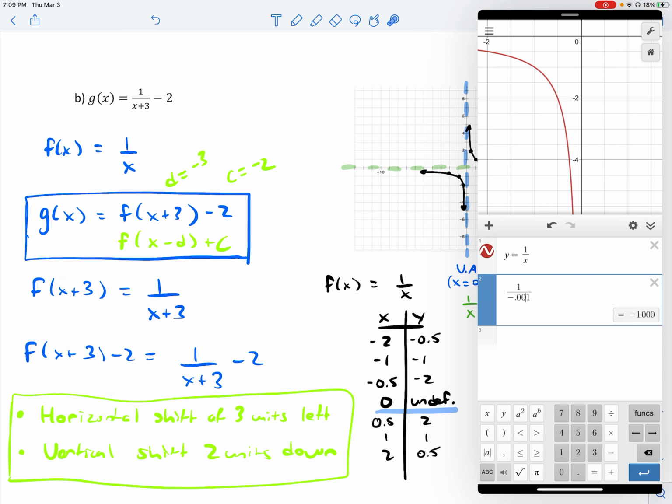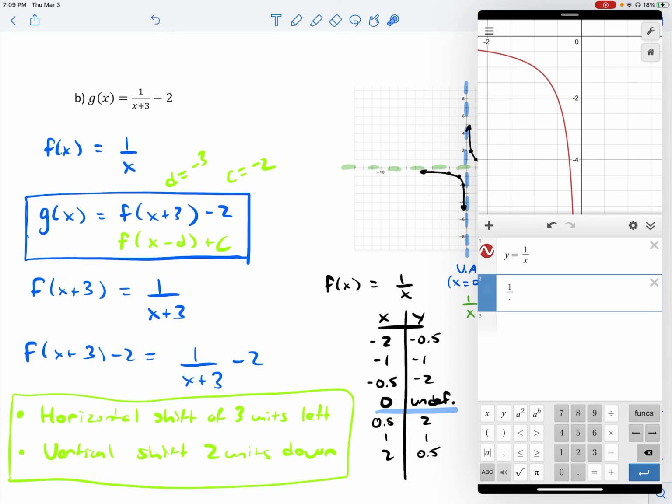Put in one more zero, we get negative 1,000. So you get the idea. As we get closer to zero for x, the y values are continuing to decrease down to negative infinity. Same happens on the positive side. If I get rid of this negative symbol, then we just get positive values. So numbers that are way up here.